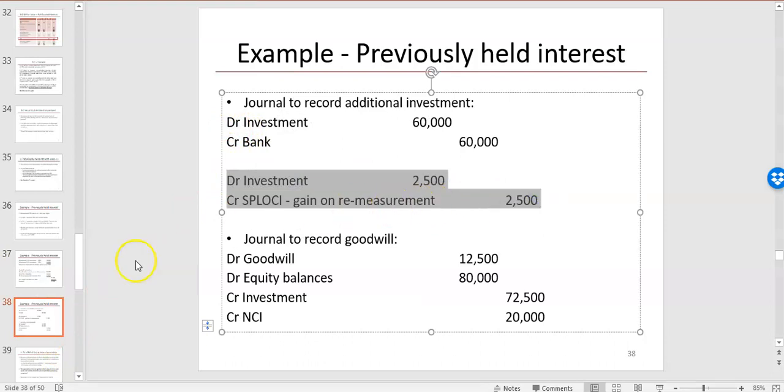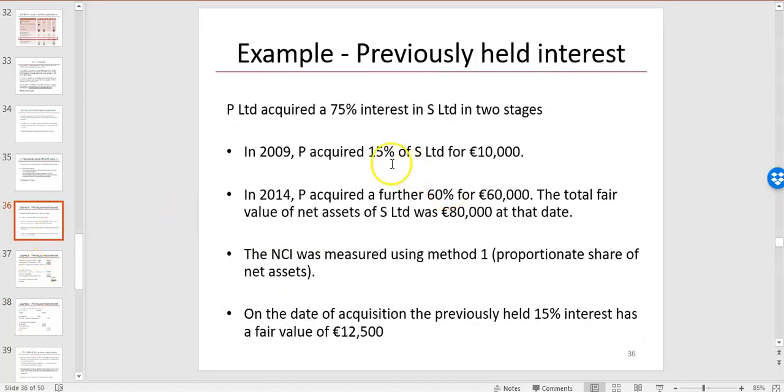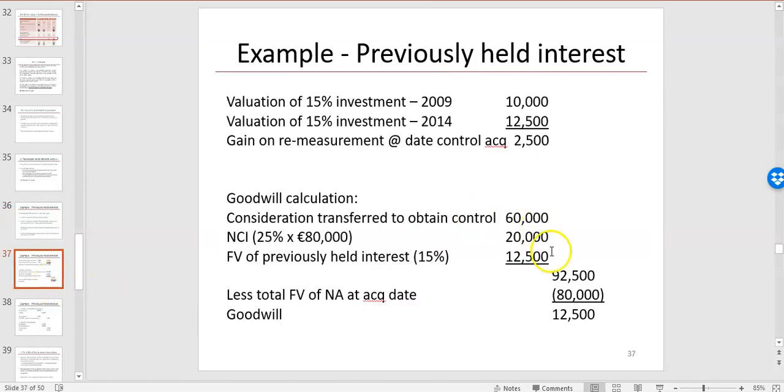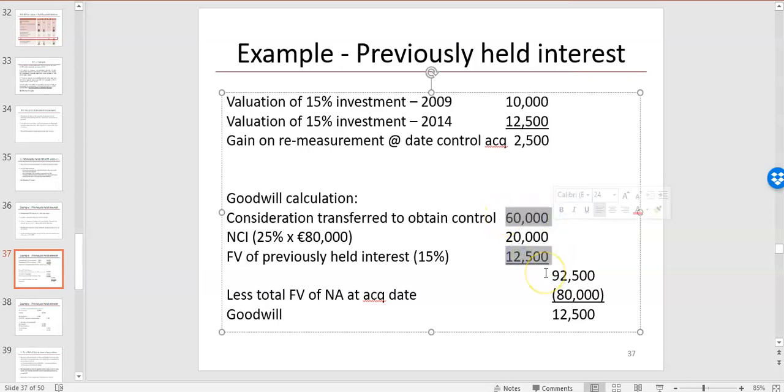That's the first step. The second step then is we're back to normal. Essentially now we own 75% of S and we paid 60 plus 12.5, which is 72,500. That's the value of the investment, which they've used here. So it's just like you're bringing the step up, and once that comes, you go to a normal goodwill calculation.